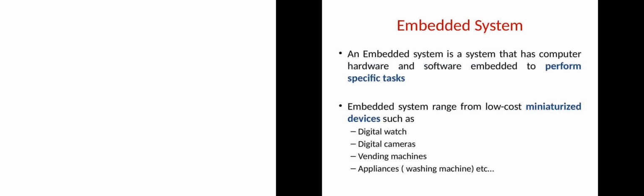Embedded system. An embedded system is a system that has computer hardware and software embedded to perform specific tasks.